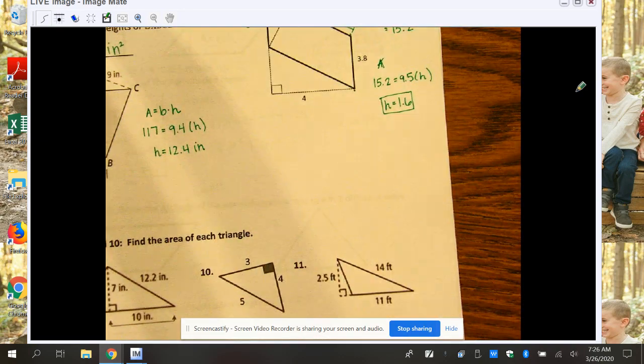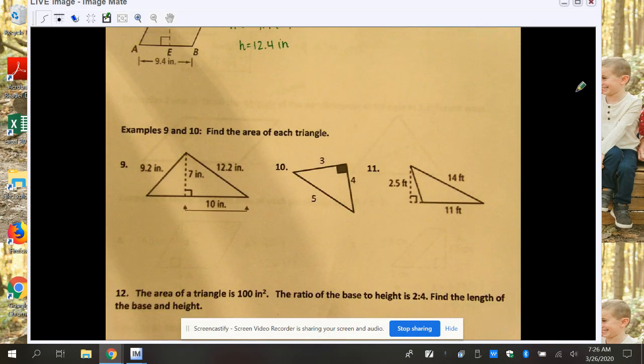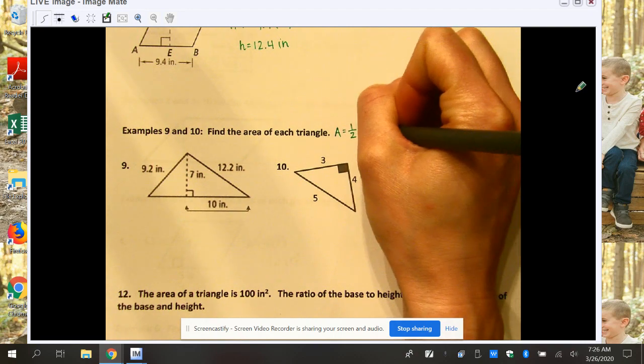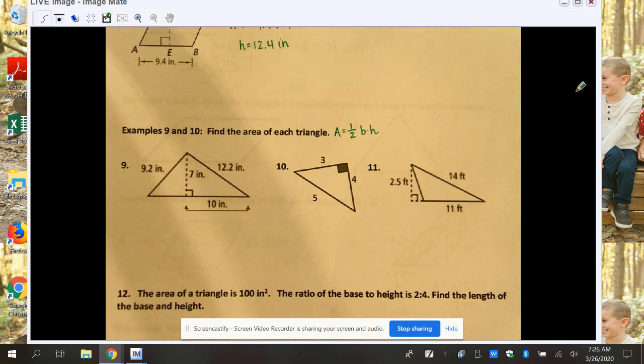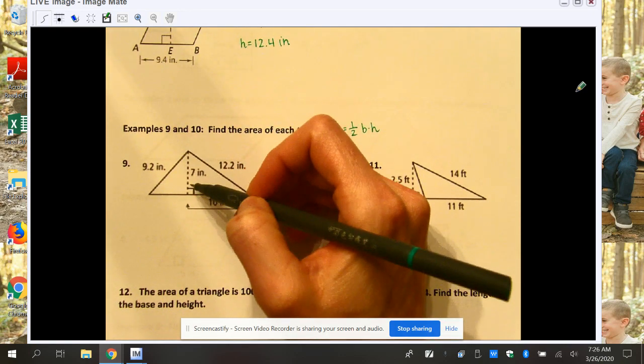All right, so now we will look at some triangles here. And so what we have to do here, again, the area of all triangles is 1/2 times the base times the height, because a triangle is always half of a rectangle or half of a parallelogram, depending on how you want to look at it. And so what I need to do, the height is always drawn perpendicular to the base.